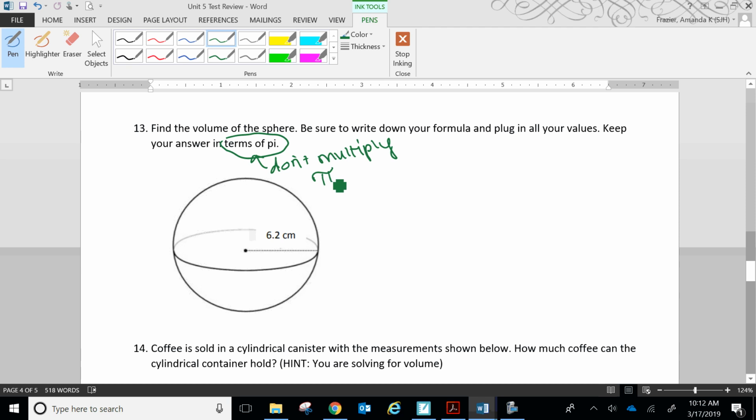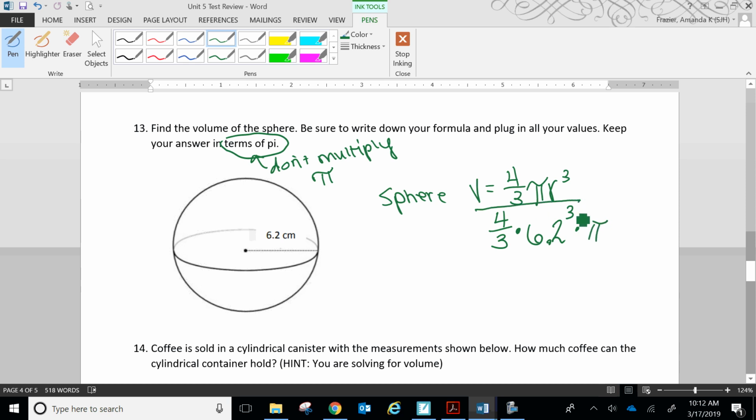My formula for a sphere is volume equals 4/3 pi radius cubed. Plugging into my formula, I'll have 4/3 times my radius cubed. And we're just going to put pi down here, but we're not going to multiply by it.